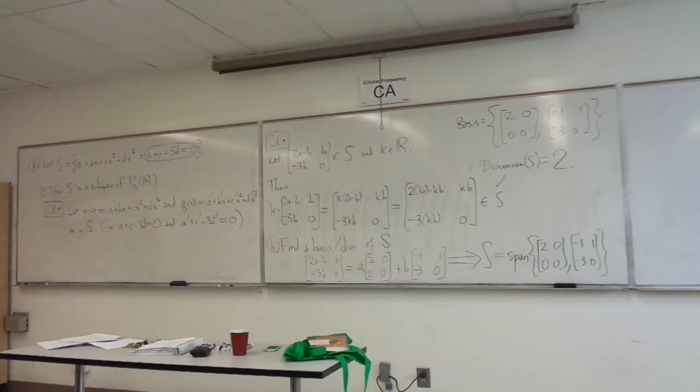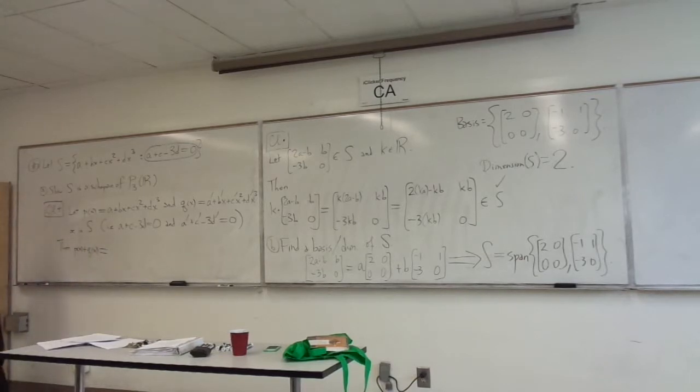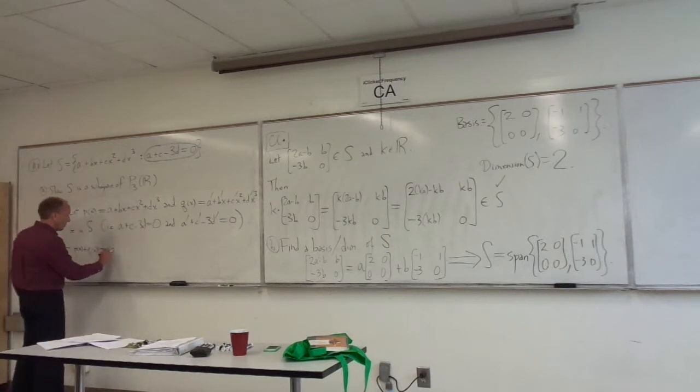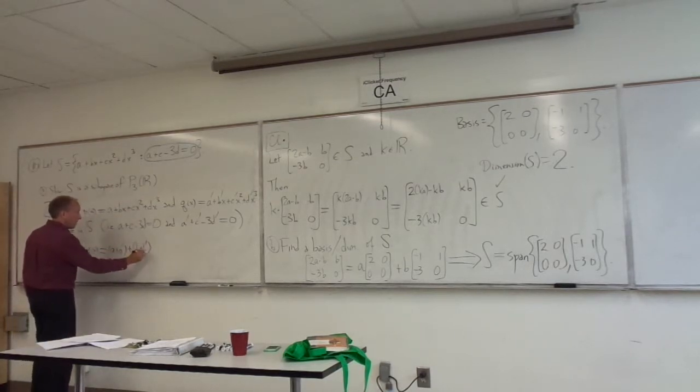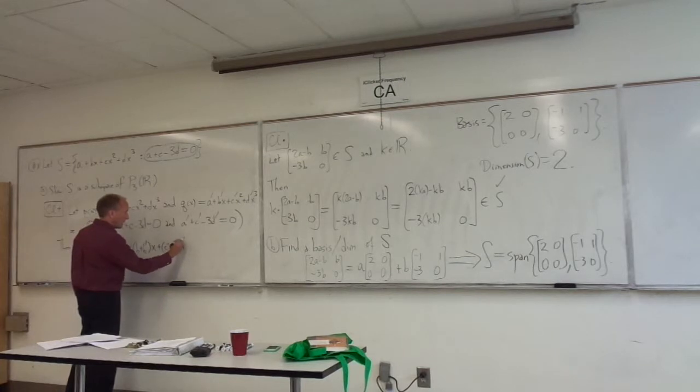Okay, now we can add them together. So P of x plus Q of x, that's ultimately what we have to do. We have to add these two polynomials together, and we can just do it term by term. So the constant term is going to be a plus a prime. The x term is going to be b plus b prime times x. The x squared term is going to be c plus c prime times x squared.